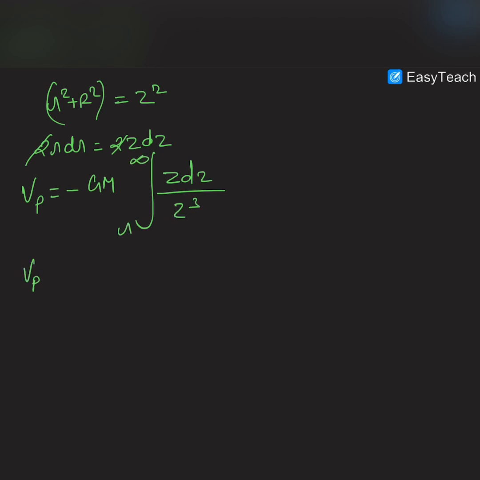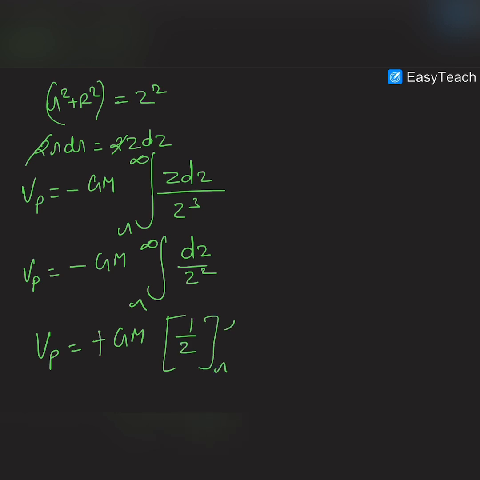So Vp will be equal to minus GM, and this would be integration dz by z square, and the limit would be from r to infinity. Now the integration of 1 upon z square is equal to minus 1 upon z, and therefore plus 1 upon z, and it would be from r to infinity.